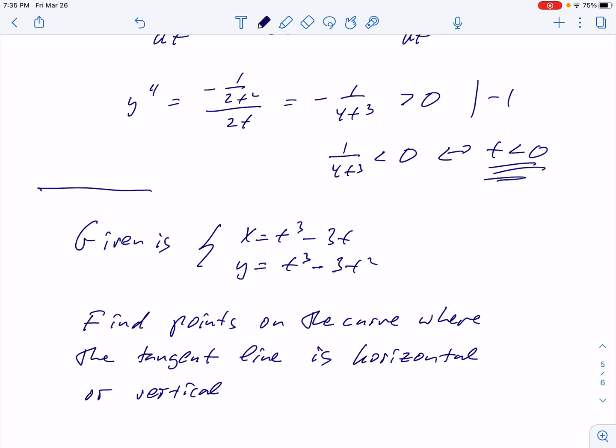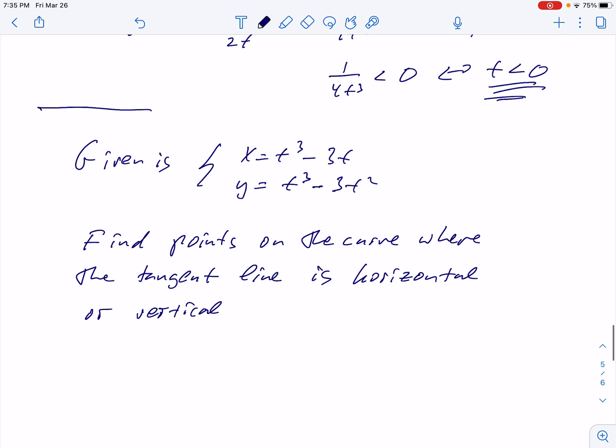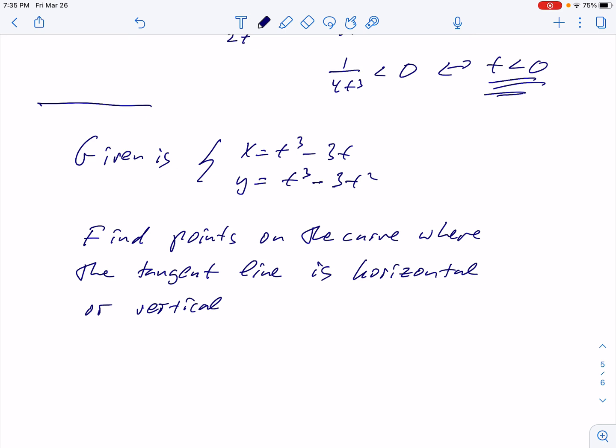So we have to find all points on this curve, which is defined everywhere, where we have a horizontal tangent line or a vertical tangent line. Now, a horizontal tangent line corresponds to slope 0. Let's write this here. Horizontal tangent means the slope is 0.